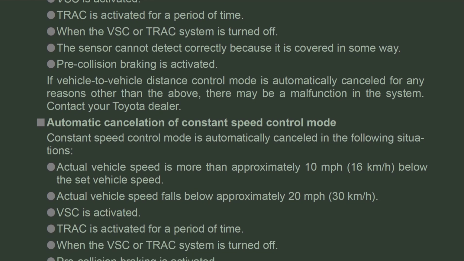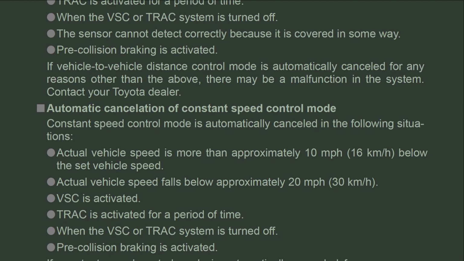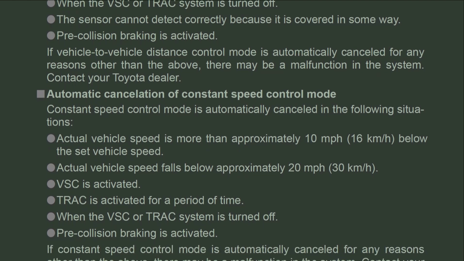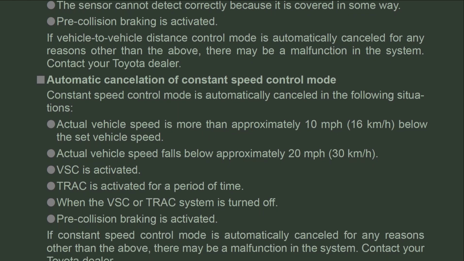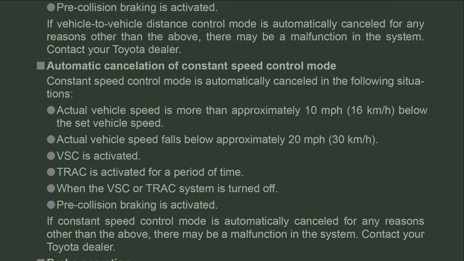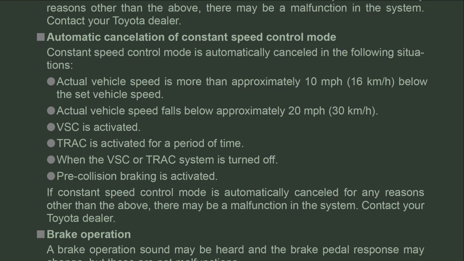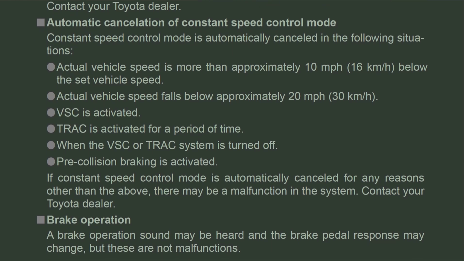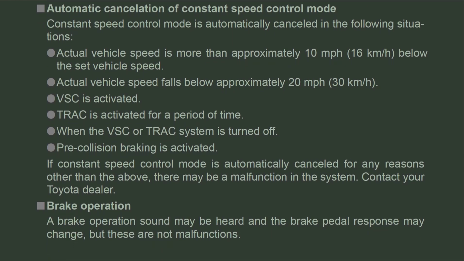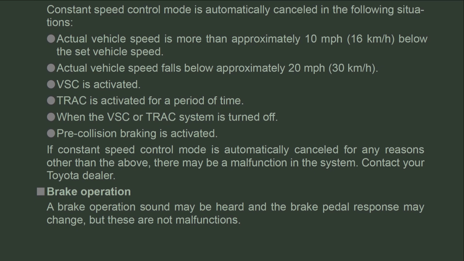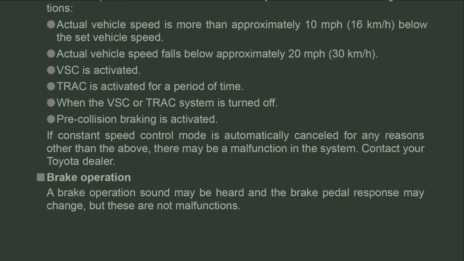Automatic cancellation of constant speed control mode. Constant speed control mode is automatically cancelled in the following situations. Actual vehicle speed is more than approximately 10 miles per hour, 16 km/h, below the set vehicle speed. Actual vehicle speed falls below approximately 20 miles per hour, 30 km/h.